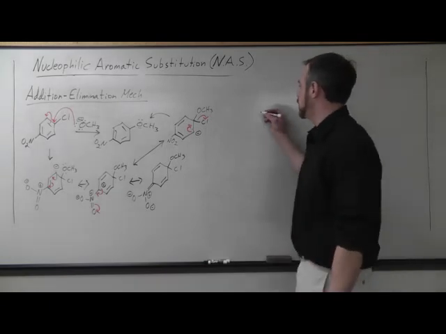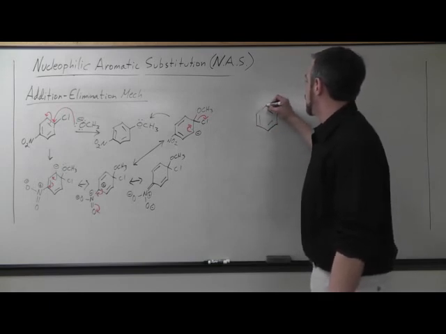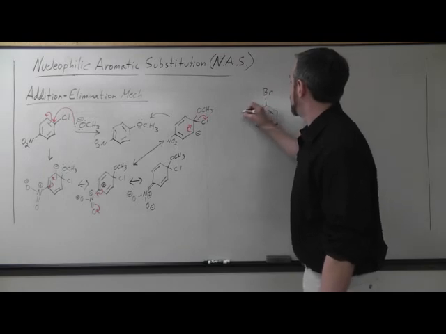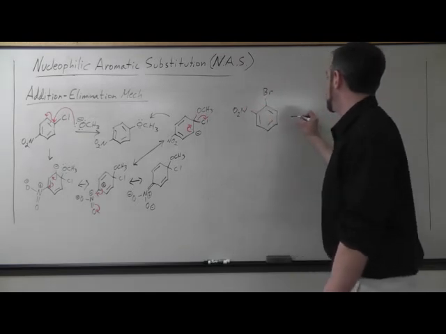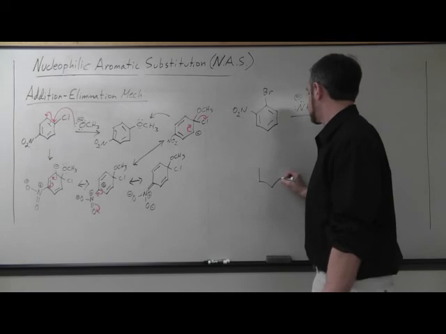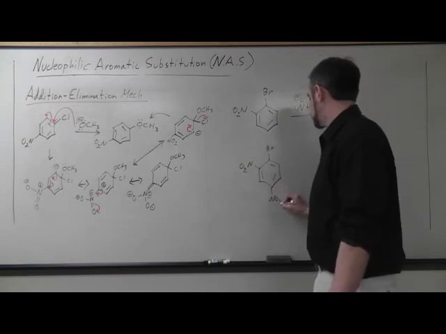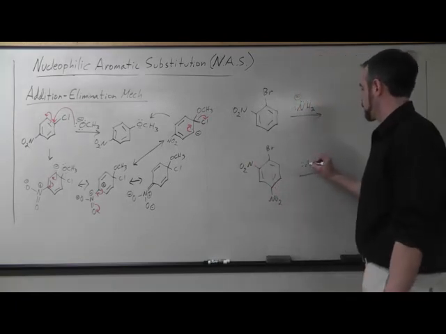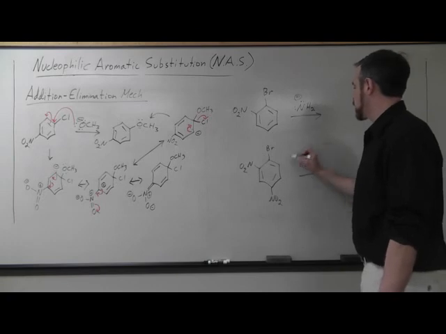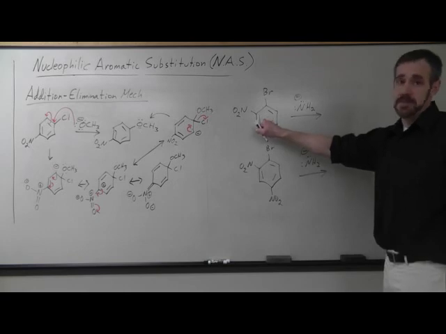As the book will show, the more nitro groups you have, the more activated your molecule will be towards substitution. So for example, comparing these two examples, here we have an electron poor ring.